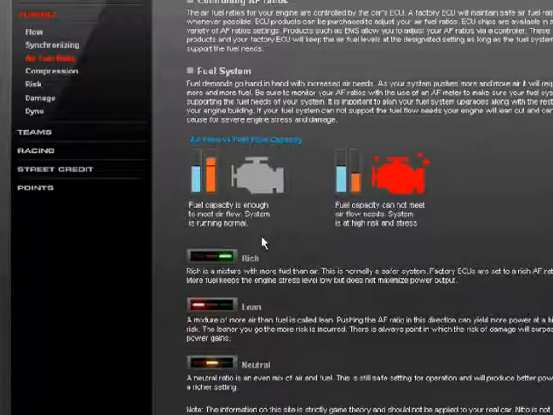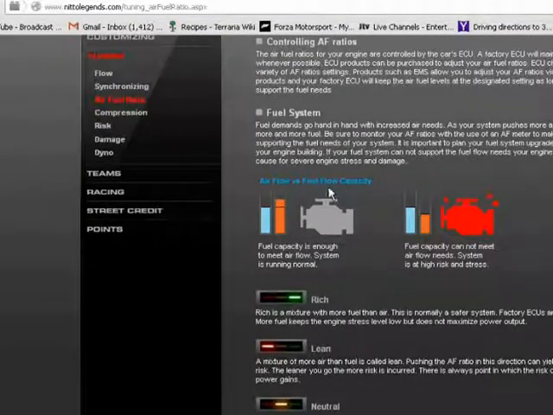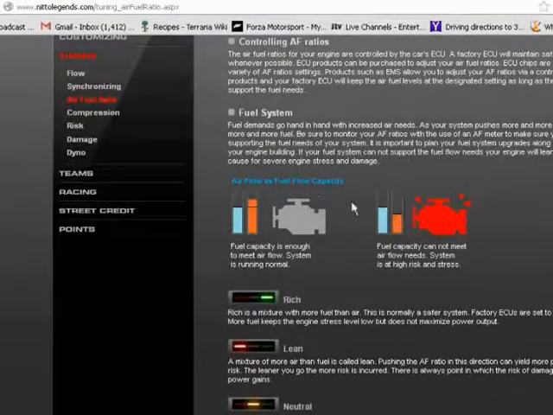You increase power, but you won't increase it that much until you fix the air and fuel ratio. So you want to keep tabs on your fuel system, which means your injectors, your fuel pump, and whatnot. I will show you how to tune it, or how my tuning method works.